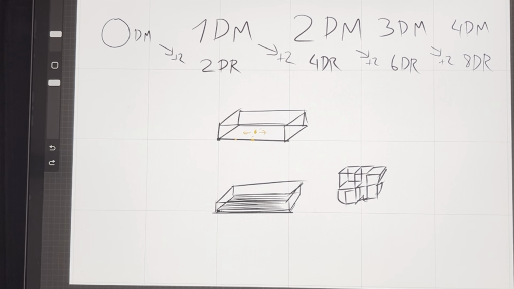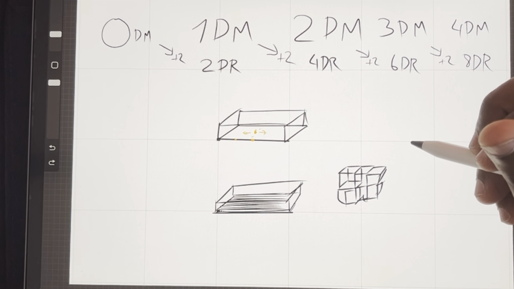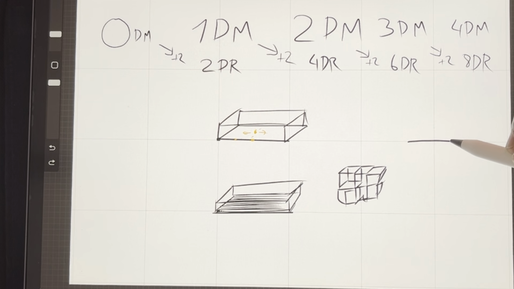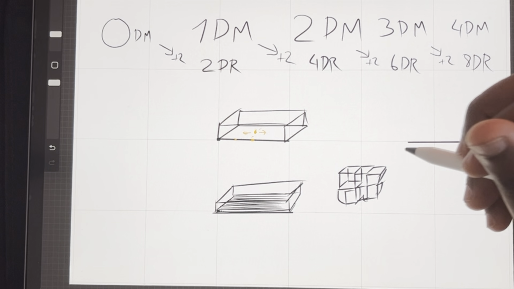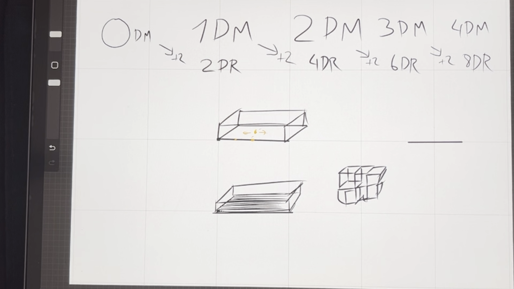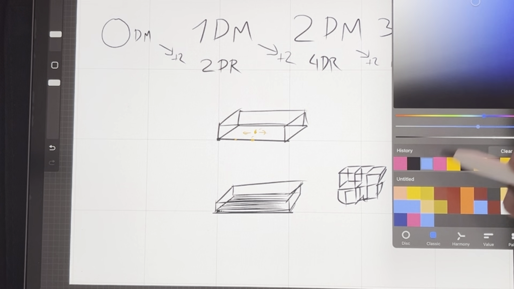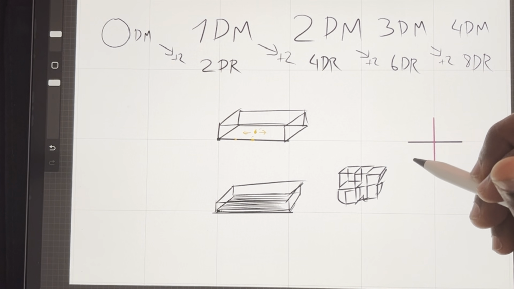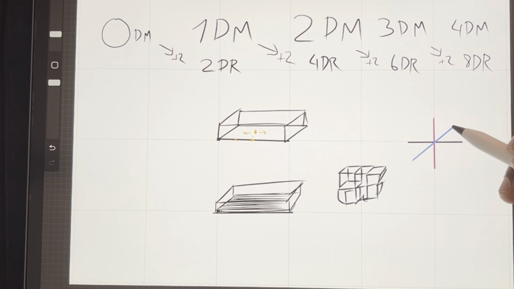So how I like to visualize the directions of a four-dimensional space is more like this. When we draw the directions of the one-dimensional world, we have this line, and then we add the directions of the two-dimensional world. So we have four directions, and then we add the directions of a three-dimensional world.